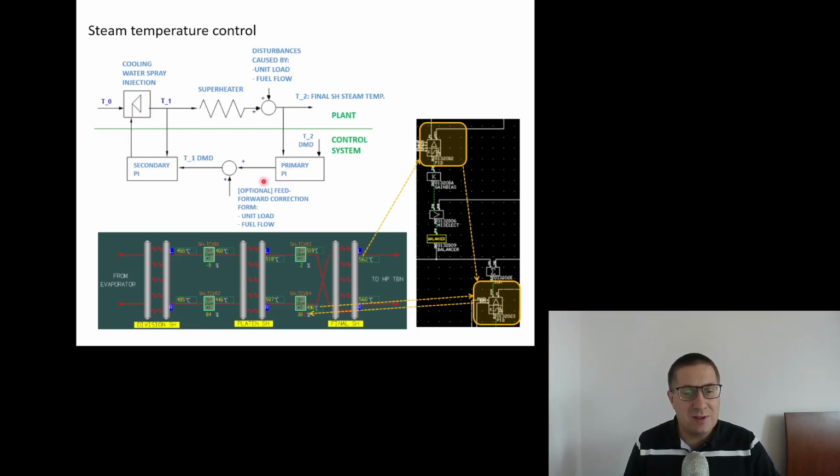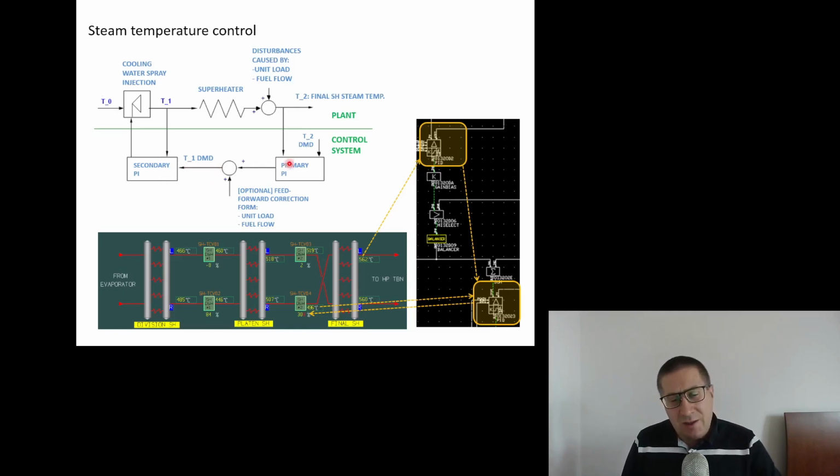And we have this slower control loop where the primary PI controller calculates the demand, the set point for the secondary PI controller. This is a cascade control.